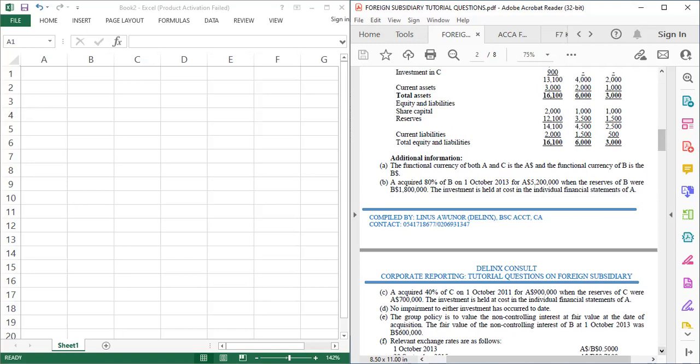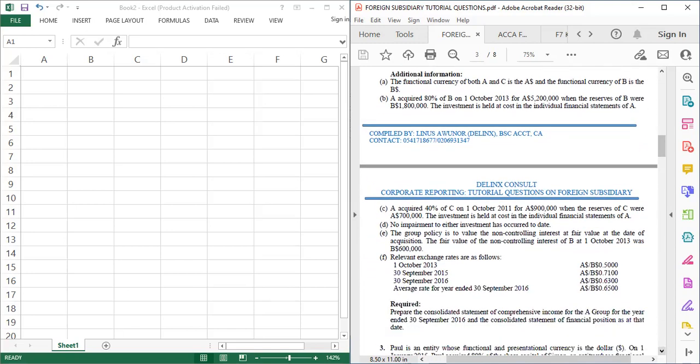The investment is held at cost in the individual financial statements of A. D. No impairment of the investment. E. The group policy is to value the non-controlling interest at fair value. The fair value of the non-controlling interest of B at 1st October 2013 was 600,000.